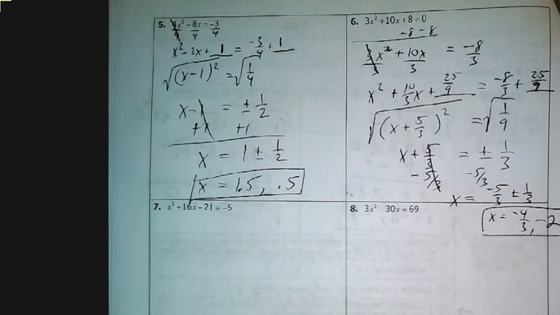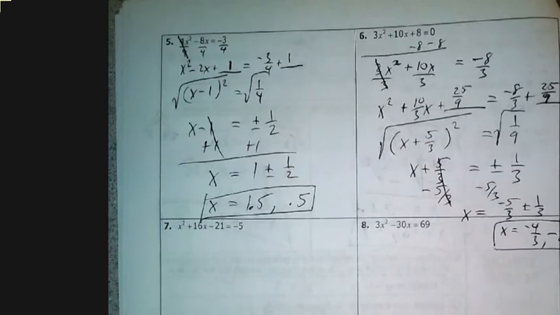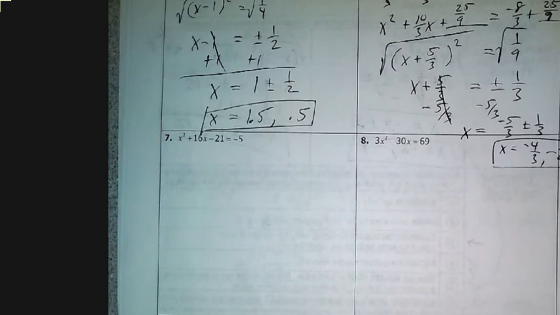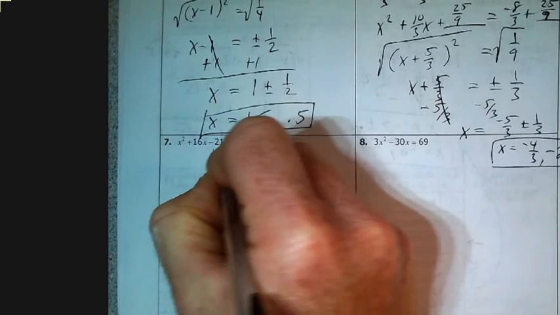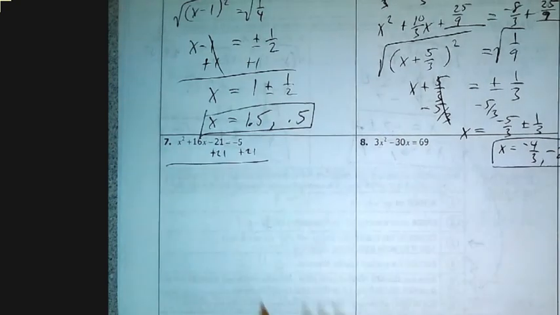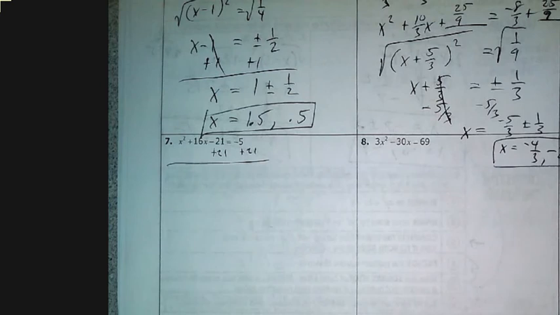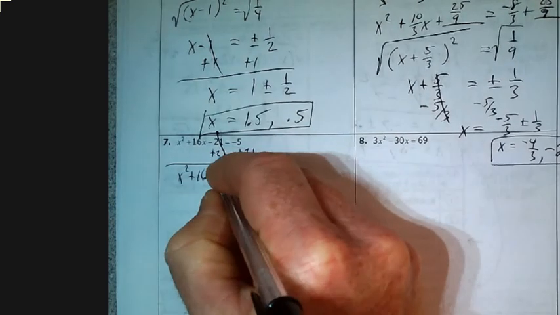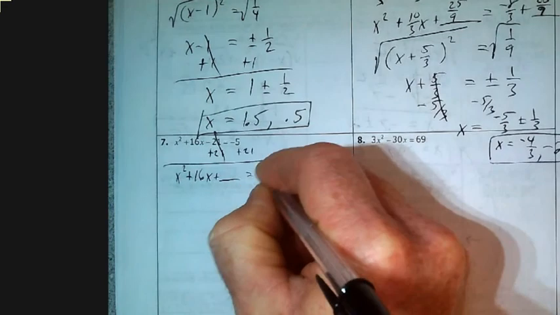Alright, let's move on to number 7. Number 7 is a little bit more friendly. Let's go ahead and add 21 to both sides because we need to get the constant on the opposite side. So x squared plus 16x plus a space equals 16 plus a space. Everybody good with that?